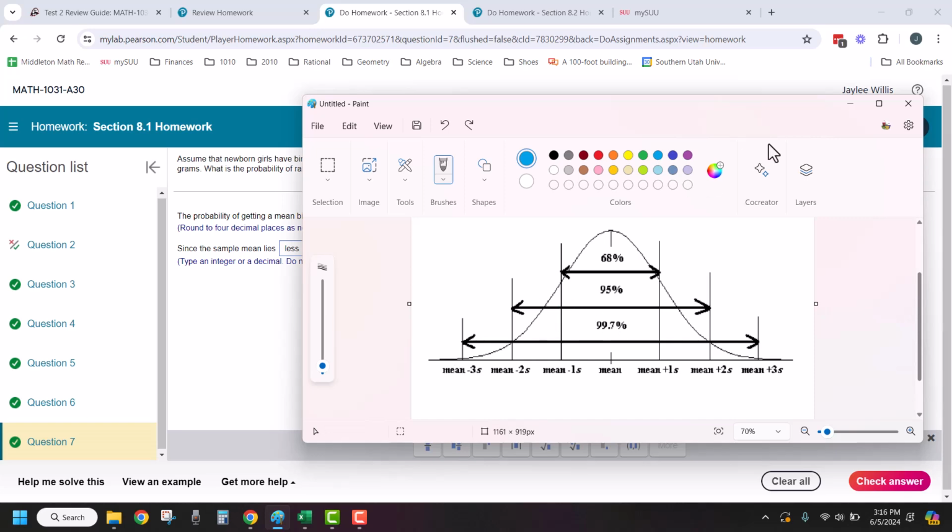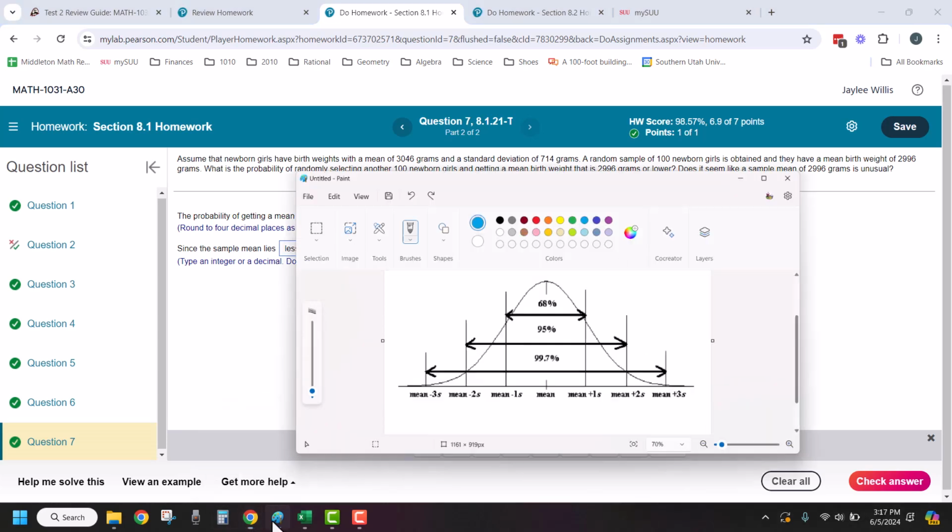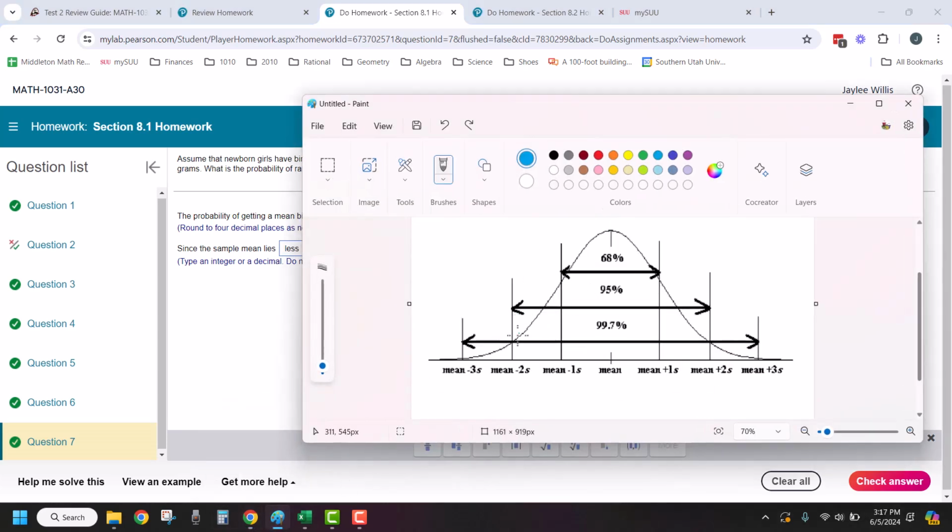And so the industry standard is 95% confidence intervals. You can do other confidence intervals, but pretty much any statistical analysis, unless it's a really unique case, will always have a 95% confidence interval. And so that's why we look at 2 standard deviations as our range of what we consider to be reasonable.